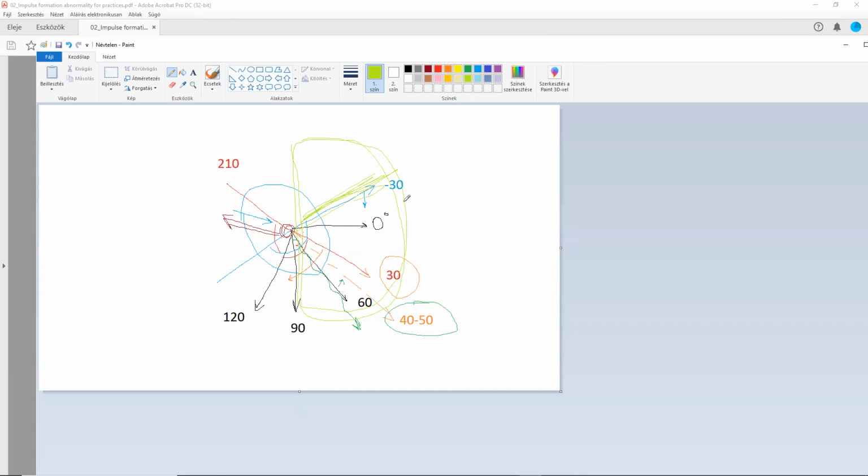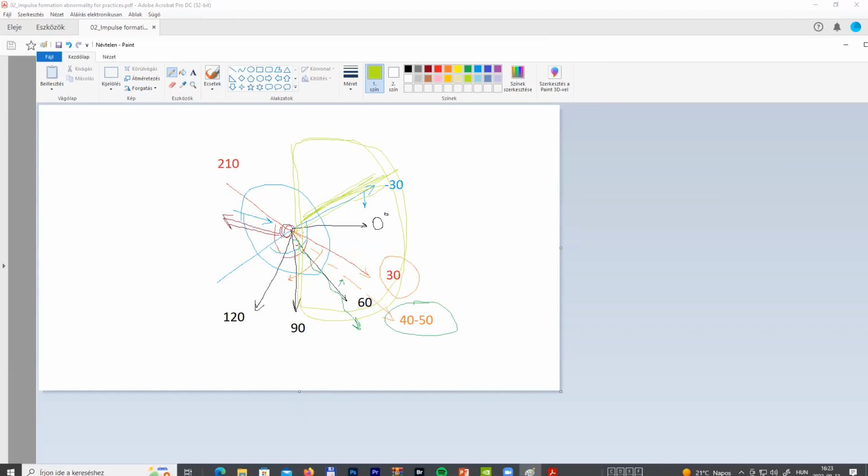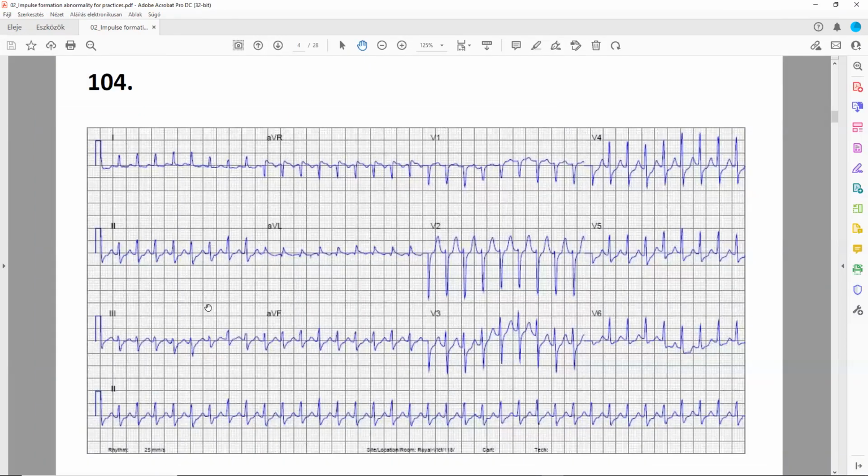Similarly, lead number 1 is positive, AVF is negative or close to negative. So that's minus 30. That's okay. You would have 150 if you had negativity in AVL, but in that case, lead number 1 should be negative as well. But you are on the left side.